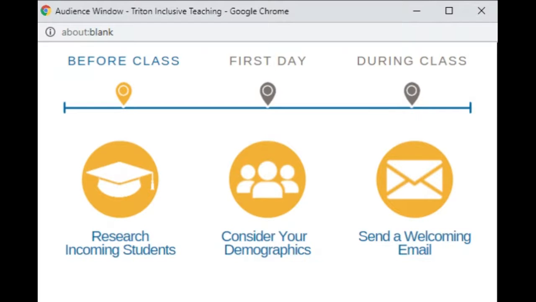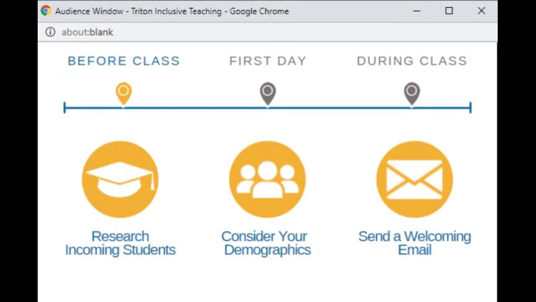That information is usually available through the institution. Look at whether you have any information about veterans, first generation college students, second English language speakers. All of those things are really going to help you move from general to the specific.